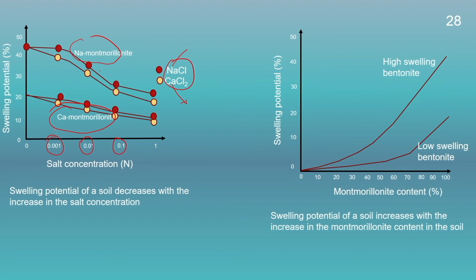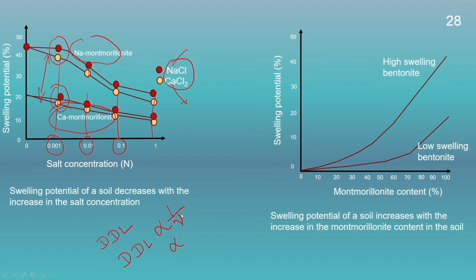And also when we compare different salt concentrations, we could see that at low concentration, the difference between the swelling potential of the sodium and calcium montmorillonite is quite large. However, this difference keeps on decreasing with the increase in the salt concentration. So, this is again due to the thickness of the diffuse double layer. As we know, the diffuse double layer thickness is proportional to the valency of the cation and inversely proportional to the square root of the salt concentration.